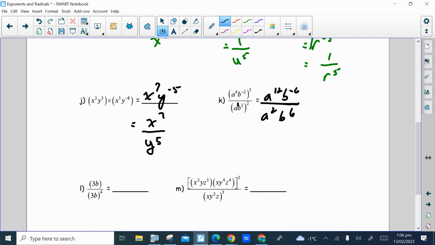And so now we'll divide. Jensen, how do we do a to the 12 divided by a squared? How do we do that? Subtract what? The exponents. And what happens to the base? Stays the same. So 12 take away 2 is 10. And when you do the b's, negative 6 minus 6 is negative 12.